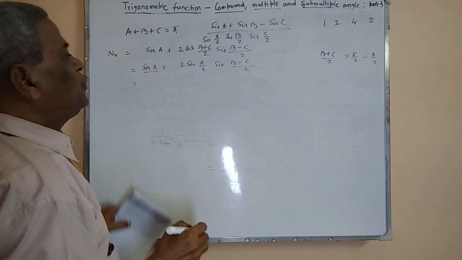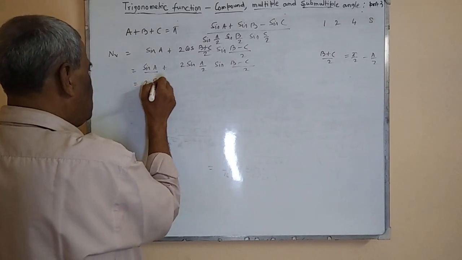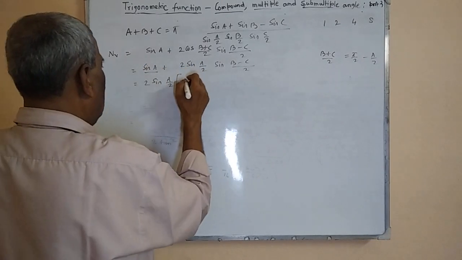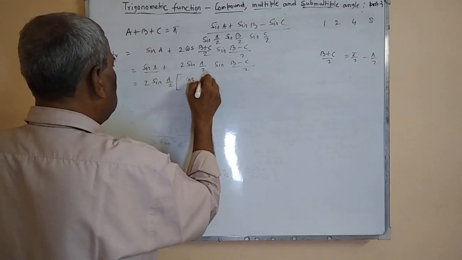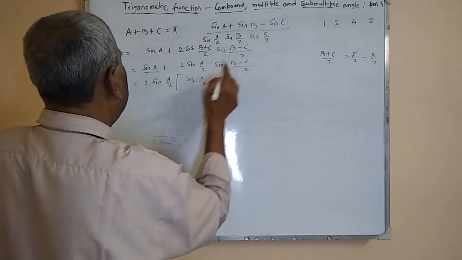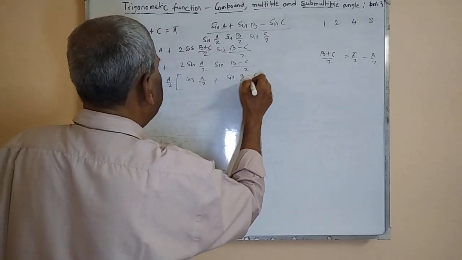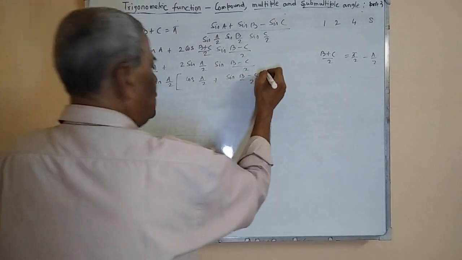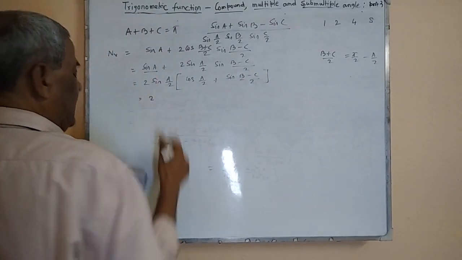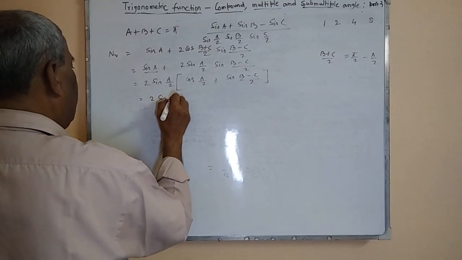This sine A can be written as 2 sine A by 2 cos A by 2. So taking 2 sine A by 2 common, we get cos A by 2 plus sine of B minus C by 2.